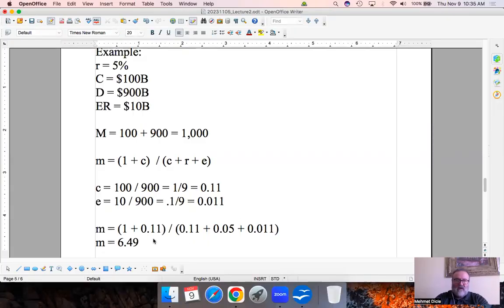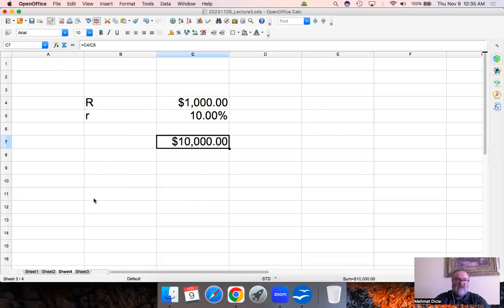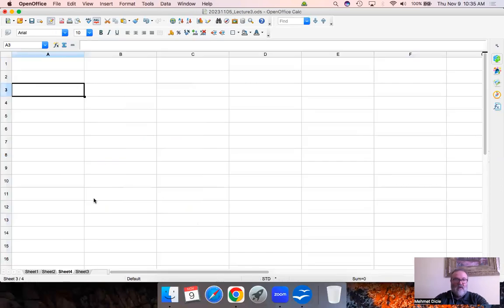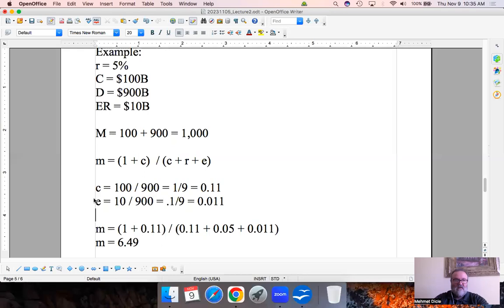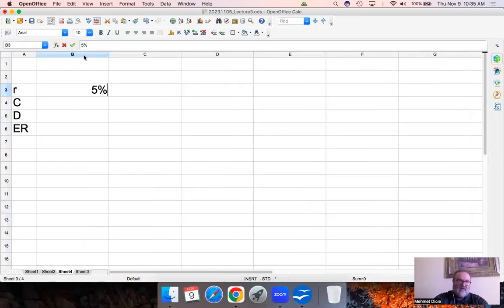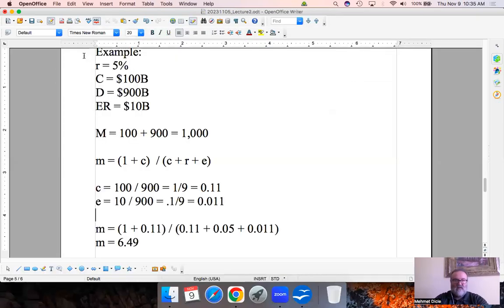So just to see what factors affect the money multiplier in what way, I want to take this to the spreadsheet and see if we can change any of the things as we progress. So this is R, this is C, this is D, and this is the ER. So the R was 5%, the C is 100, deposits are 900 billion, and excess reserves are 10.